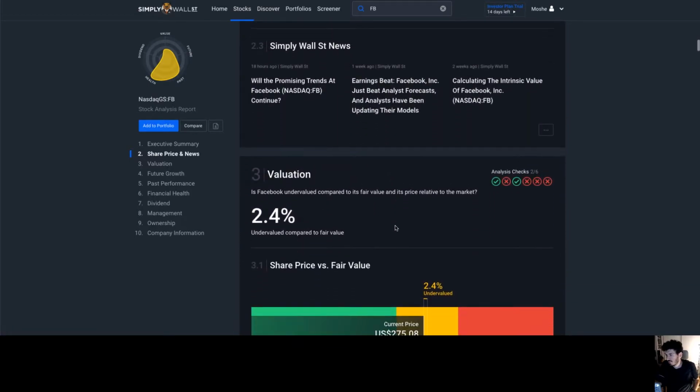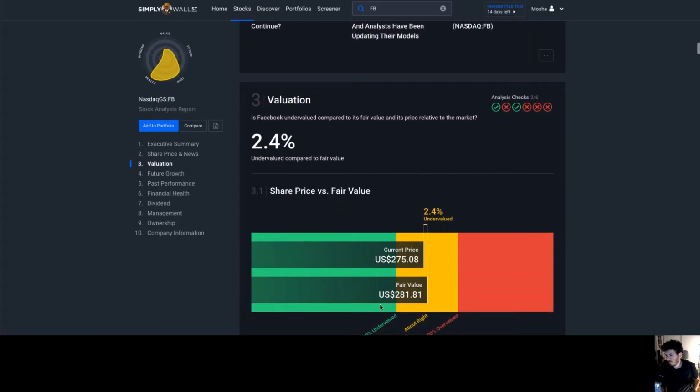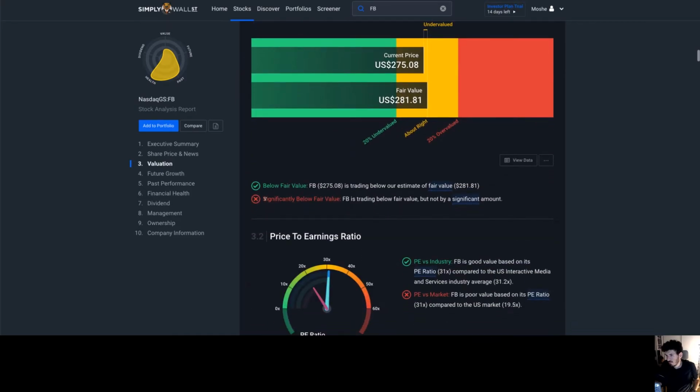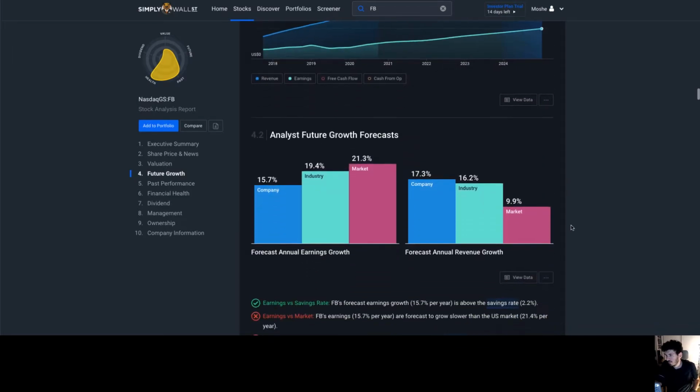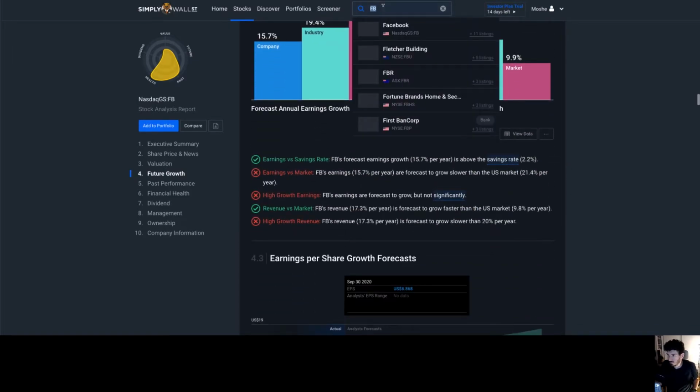You can see just a bunch of information such as valuation, future growth, and let's dive in on a stock that I like, Store Capital, STOR.